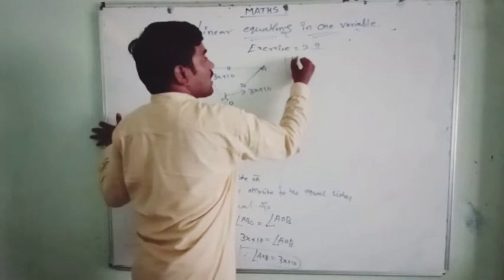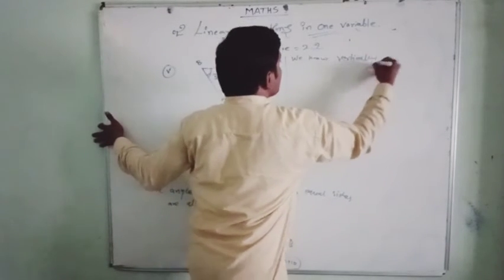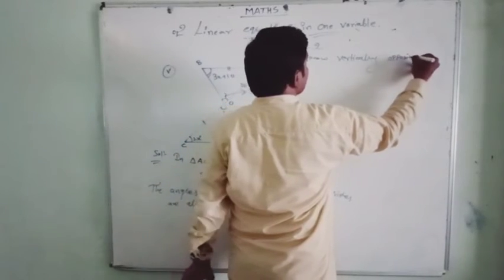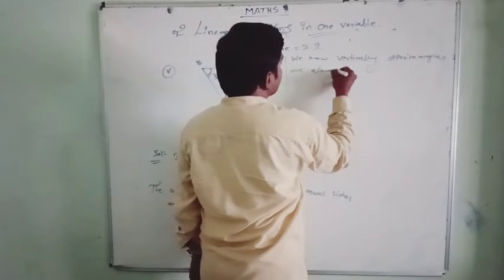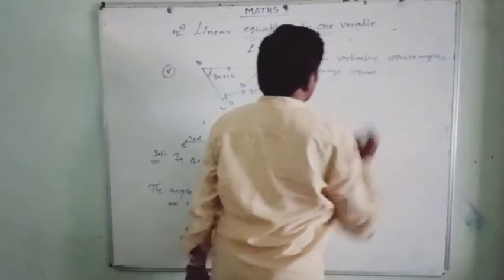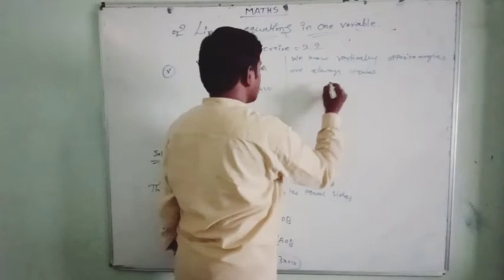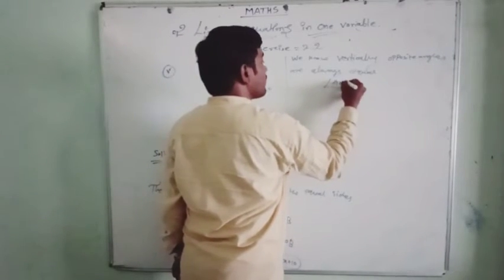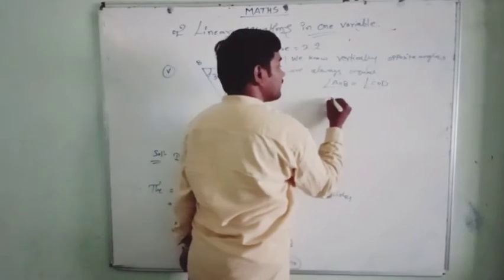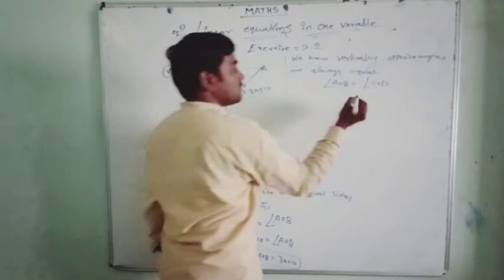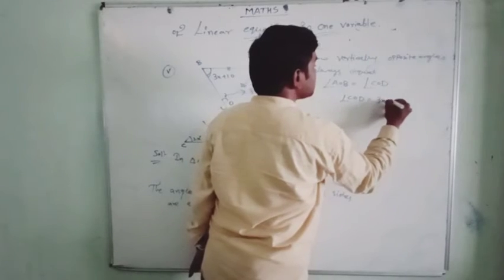We know that vertically opposite angles are always equal. So angle AOB is equal to angle COD. Therefore angle COD is also equal to 3x plus 10.